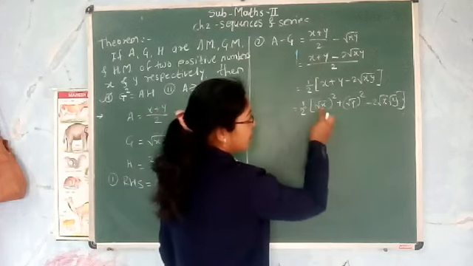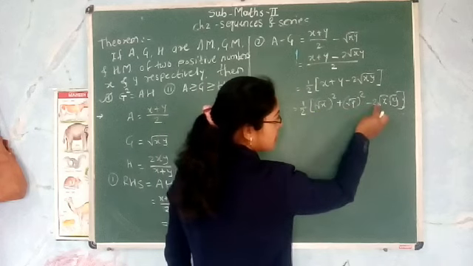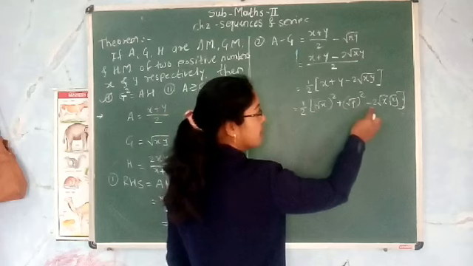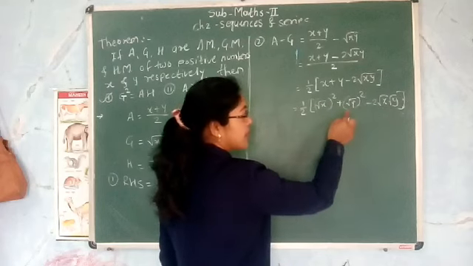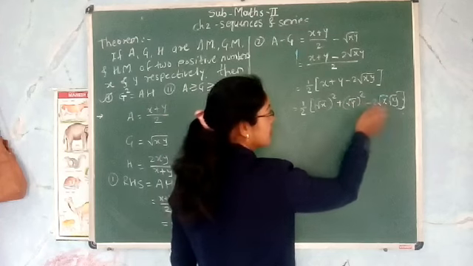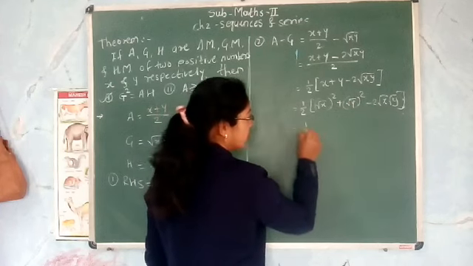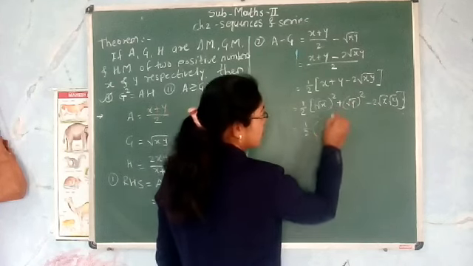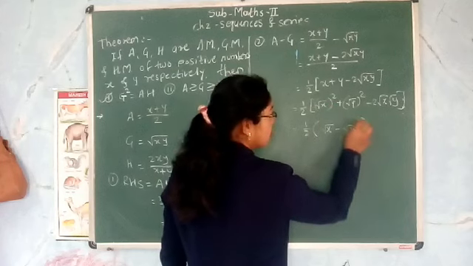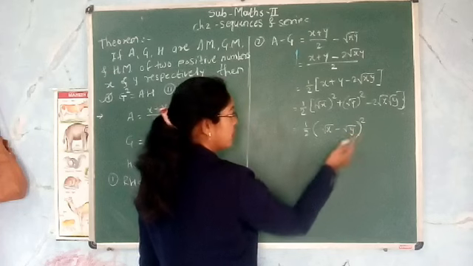So this is of the form a square plus b square minus twice a into b. So this is the formula for (a minus b) whole square. (a minus b) whole square is a square plus b square minus twice ab. So this is 1 by 2 of (root x minus root y) whole square, where a is root x and b is root y.